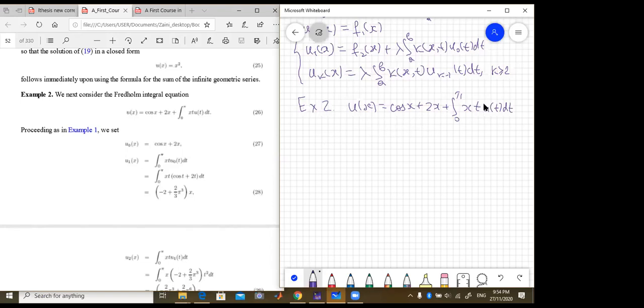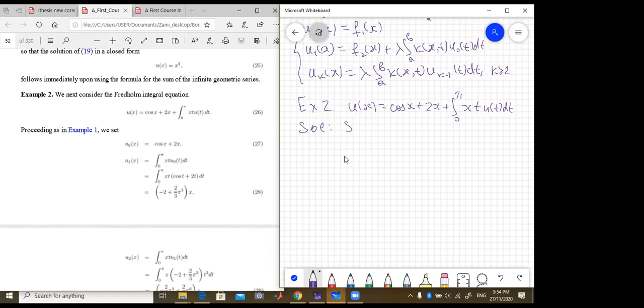Because we can see this is a separable kernel, we can use the first method. Anyway, how do we solve it using the currently standard solution, the standard ADM? We use standard ADM.